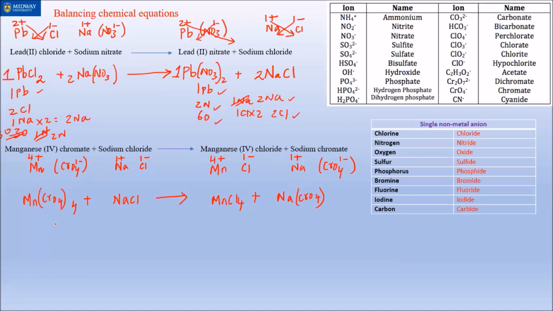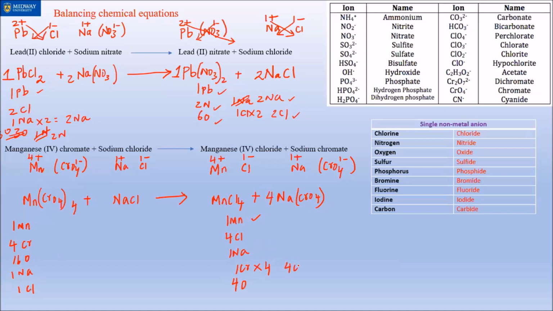Well, that's pretty easy. So let's go and solve this. So 1 Mn, 4 Cr, 16 oxygen, 1 Na, and 1 Cl. That's what we have on this side. And we have 1 Mn, 4 Cl, 1 Na, 1 Cr, and 4 oxygen. Right? Mn is the same. Well, we got 4 chromium and you got 1 chromium, so we can multiply that by 4, which means we multiply the whole thing by 4.